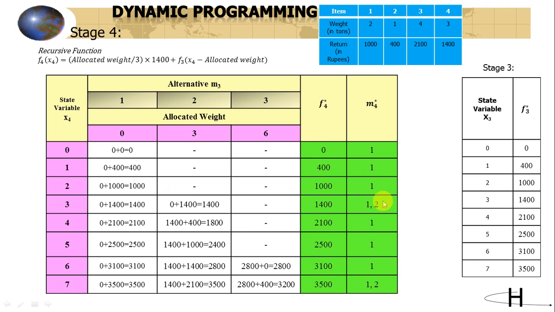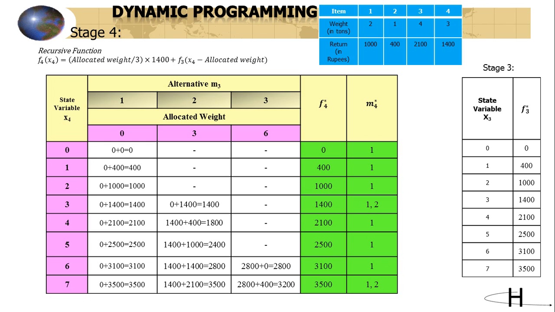So whenever there are multiple best alternatives, there will be as many solutions as the best alternatives. So for x4 equal to 3 and x4 equal to 7, there are two best alternatives. That means for this particular cargo loading problem, there are two solutions.